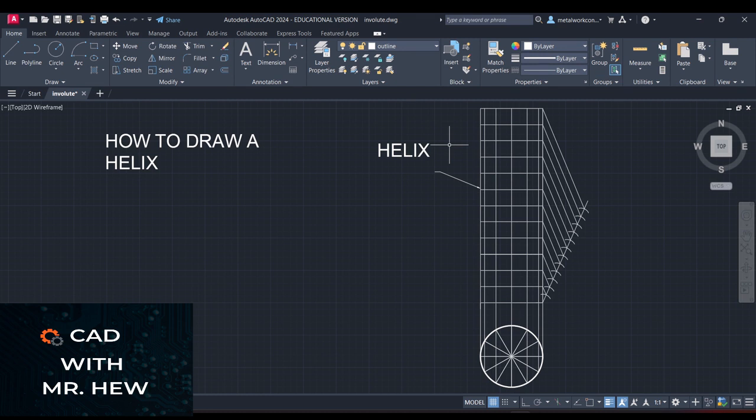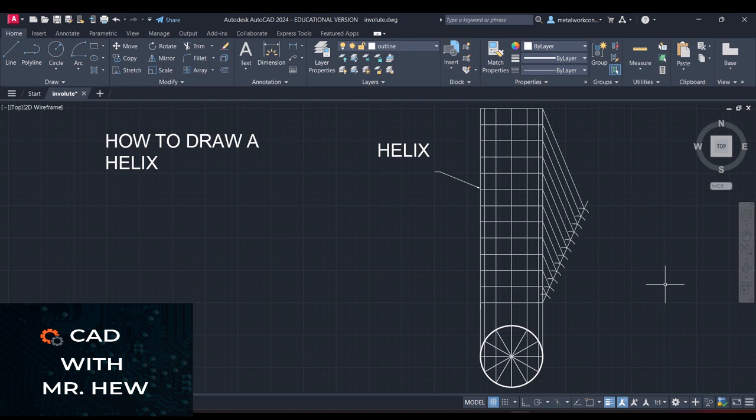these divisions. Then we divide the plan into 12 equal parts. We divide the circle into 12 equal parts. Where these divisional lines in the plan intersect the circle, we project lines vertically to the front elevation.